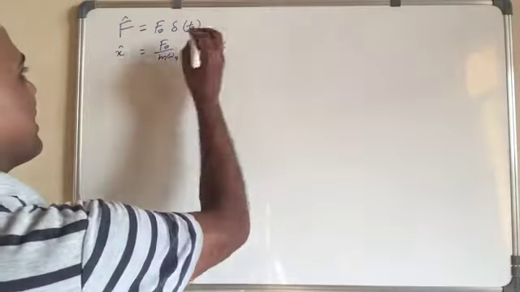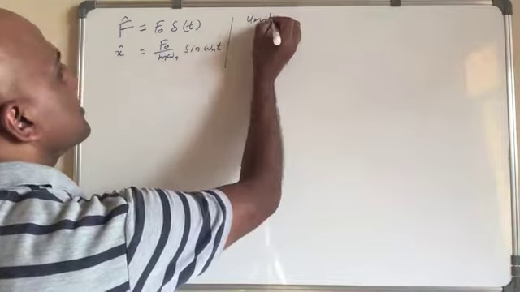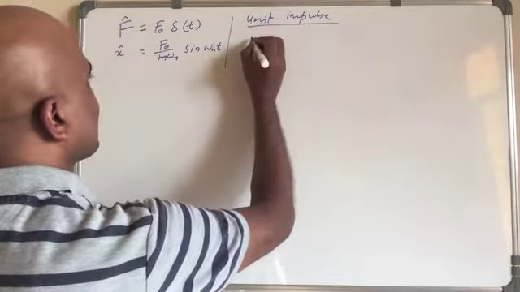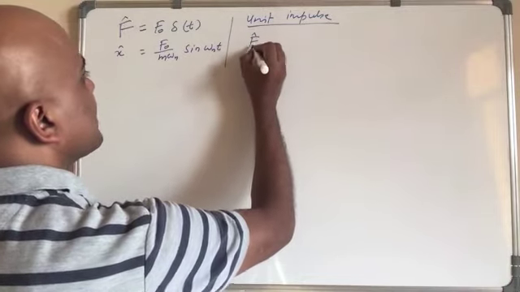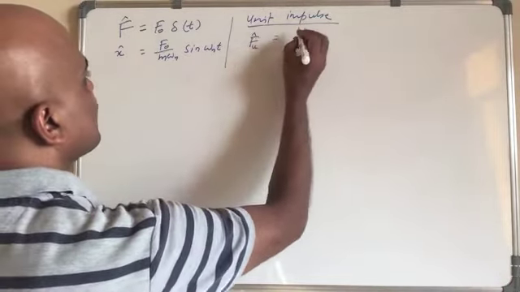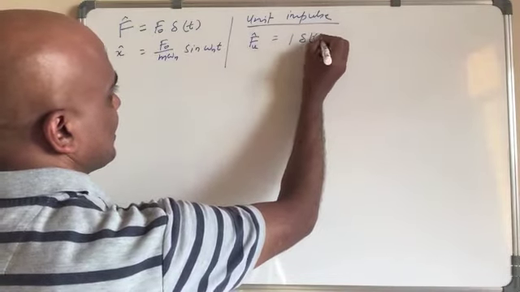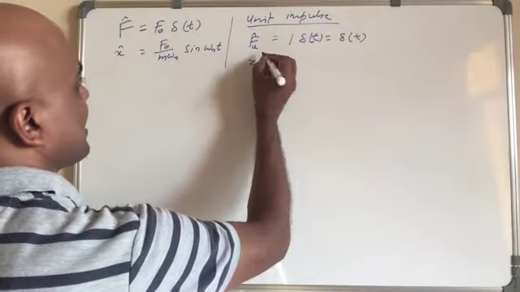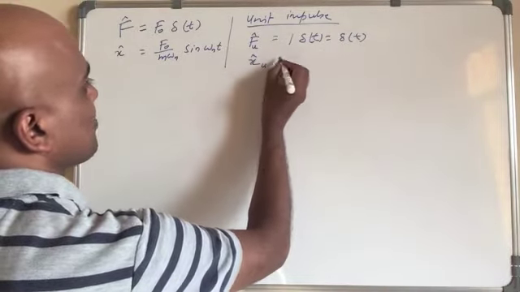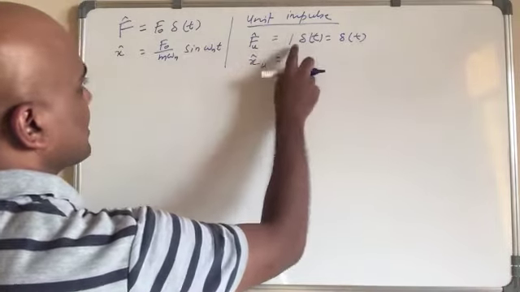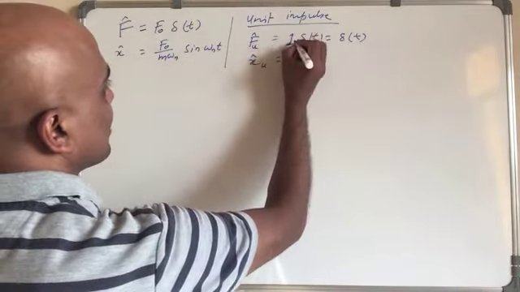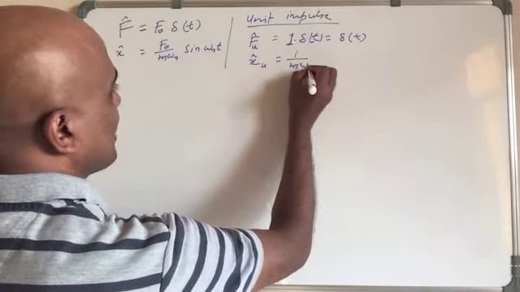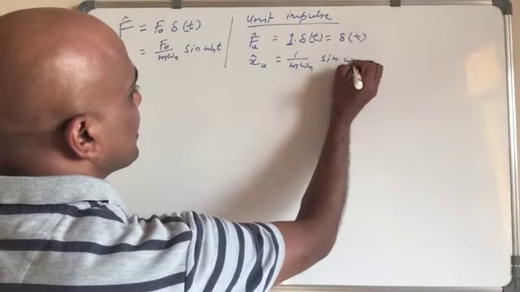Now, for the unit impulse, right, you can use unit impulse. So for unit impulse, we have F, let's call it U, unit impulse, equal to 1 delta(t), or simply this is delta(t) only. And then we have x hat for unit impulse will be equal to, now we have just 1 here, so F naught is 1, so this will be 1 over m omega n sine omega n t.